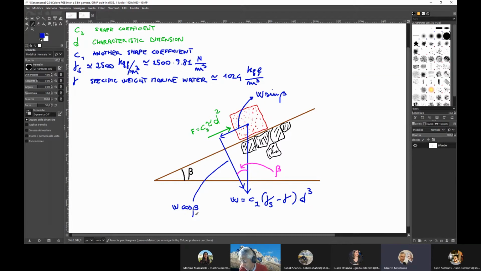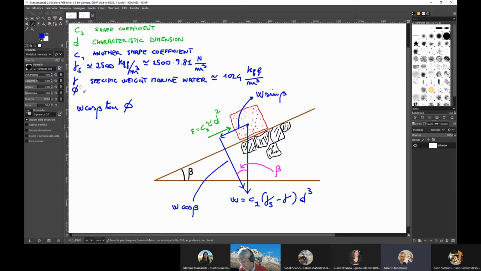This perpendicular component is also originating a stabilizing force for the effect of the friction. And this stabilizing force, we can write it in this way. It's given by the perpendicular component, W cos beta, multiplied by the tangent of the friction angle phi of the units.